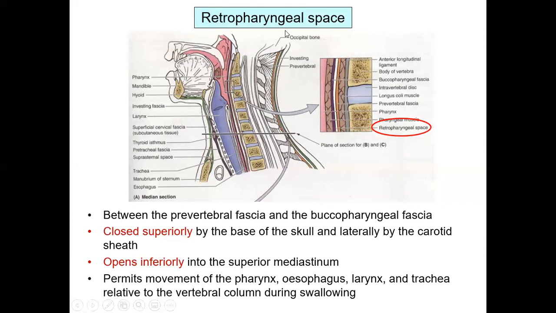So what is the function of the retropharyngeal space? It allows movement of the pharynx, esophagus, larynx, and trachea relative to the vertebral column during swallowing. So it gives a space to allow the movement of these structures.